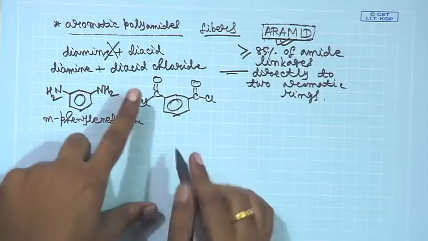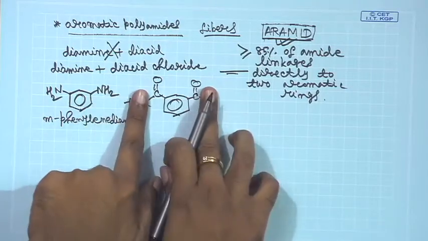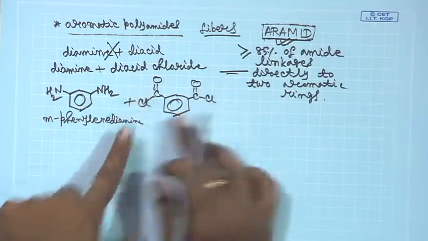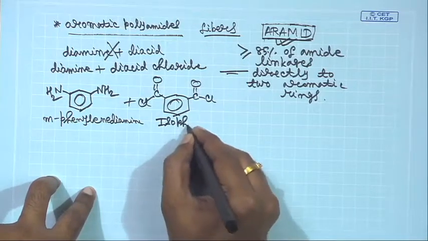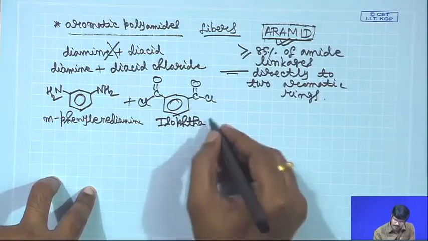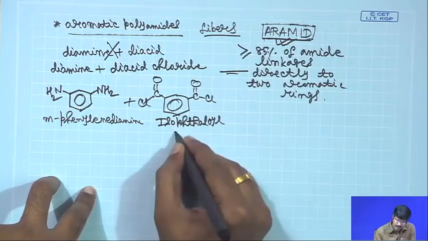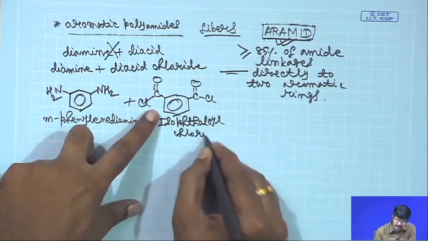Now, this is isophthalic acid if you have CO2H on both sides. So, this is isophthaloyl chloride. So, this is already an activated material.